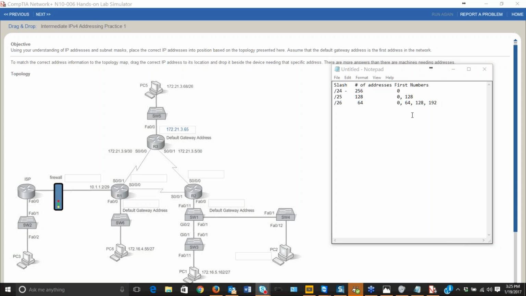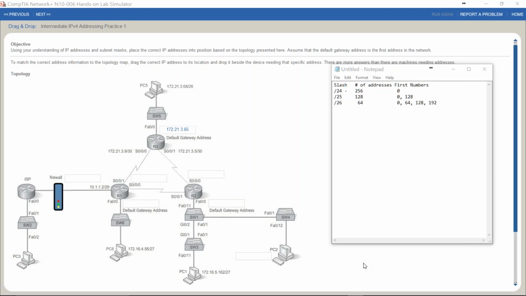Okay, so let's do another one of these here. Now from here, let's do another default gateway. Let's do this one here. We already have the chart kind of built. Now this is a /27 down here.